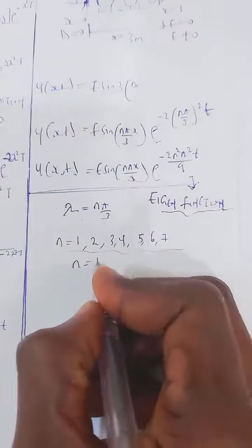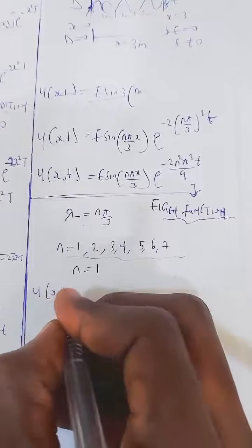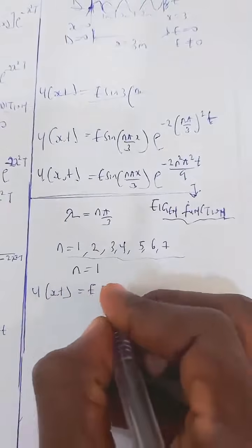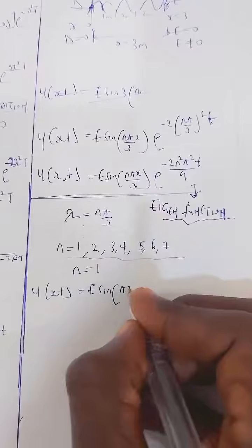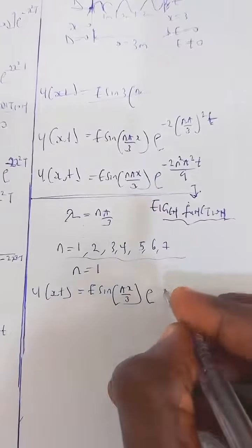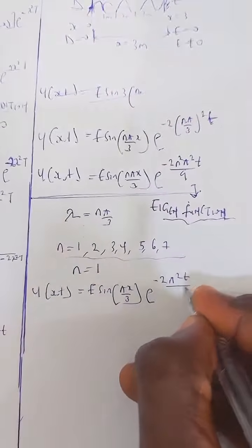When n equals 1, the eigenfunction becomes u(x,t) equal to E sin(πx/3) exponential of negative 2π²t over 9.